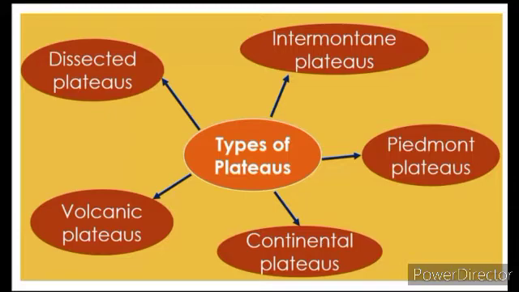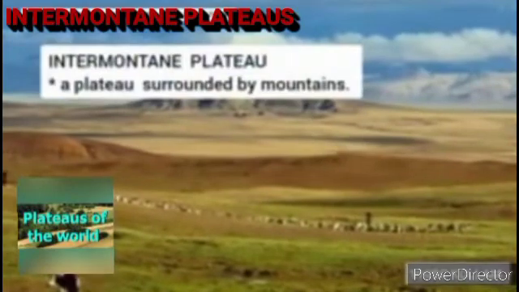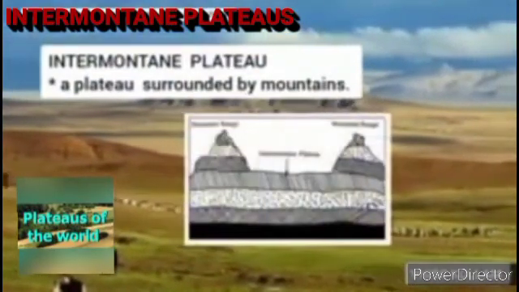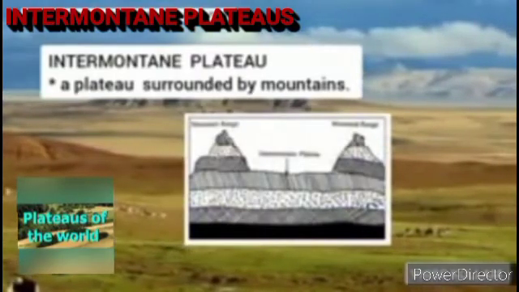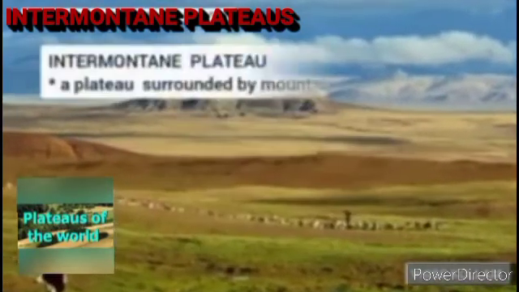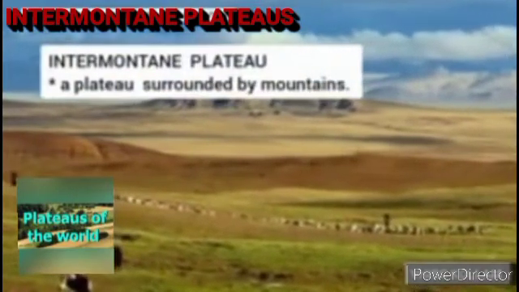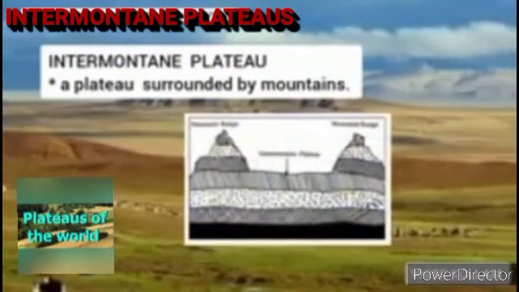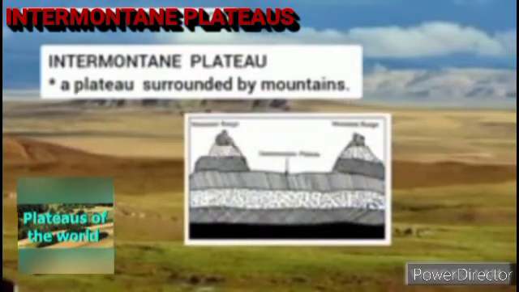So let us understand the types of plateaus on the basis of their formation. Intermontane plateau: a plateau surrounded by mountains is called an intermontane plateau. Intermontane plateaus are the highest plateaus in the world, bordered by mountains.